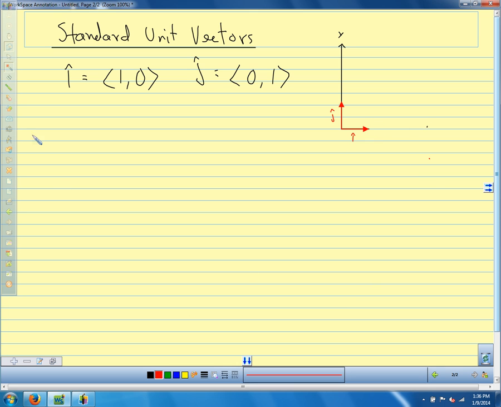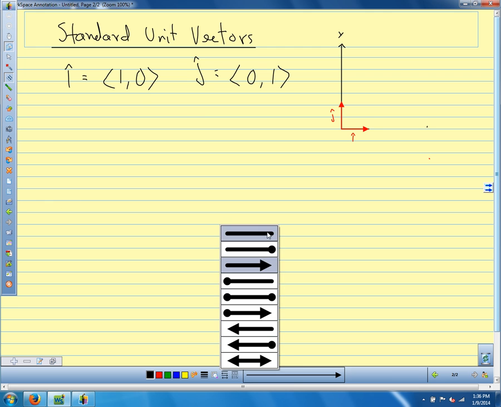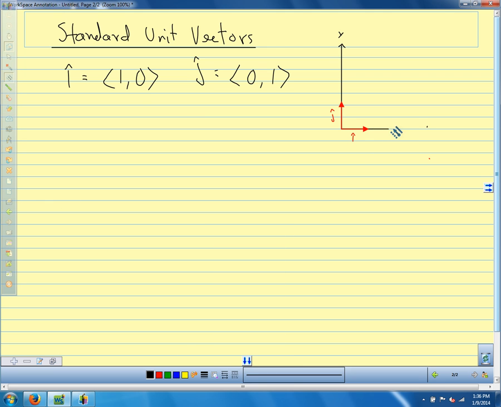That looks a little better. Whoops, didn't want that arrow. There we go. I guess I could have left the arrow there, but I want it to match my other arrow. All right, so there's i hat and j hat. Just a unit vector in the x direction and a unit vector in the y direction.